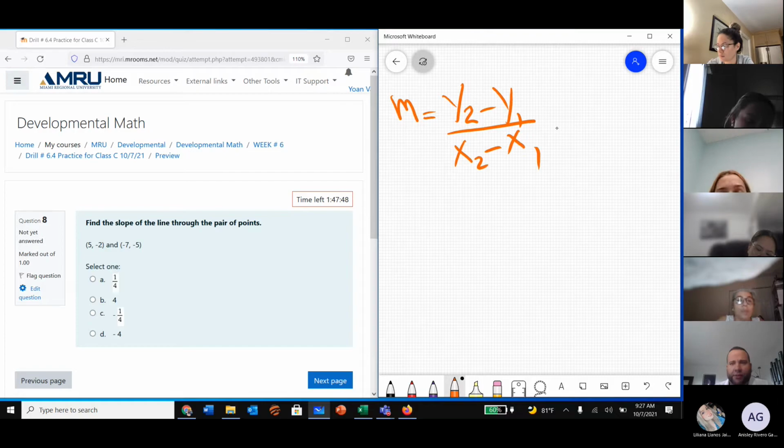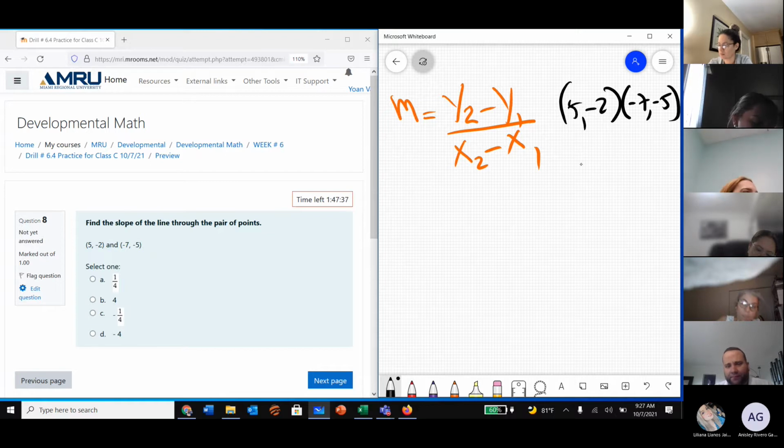And then we have the following points. The points are 5, -2, -7, -5. And we know that every ordered pair is x, y. Let me suppose that this is my second point and this is my first point.